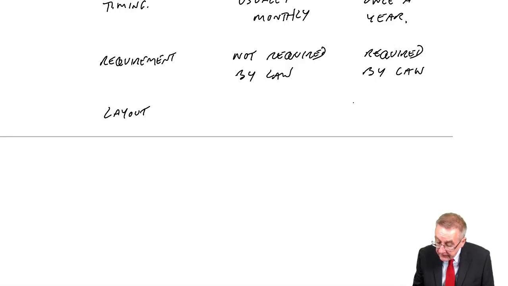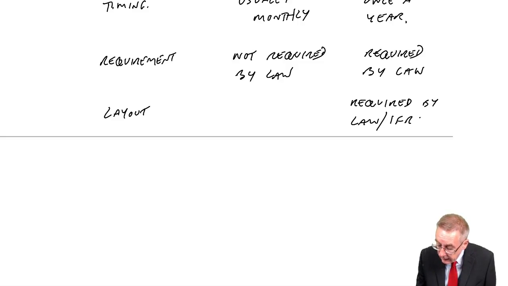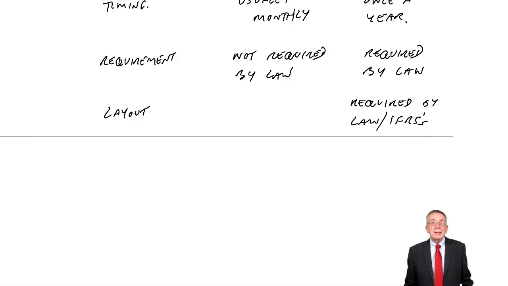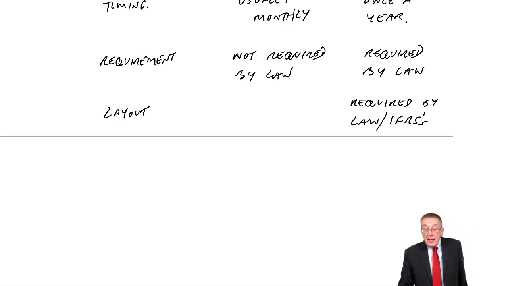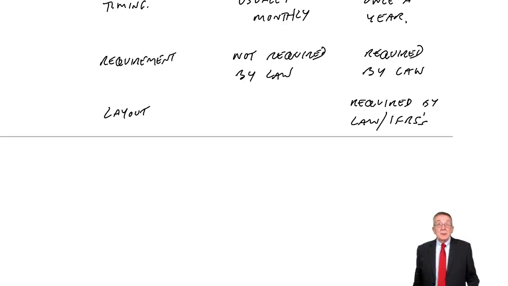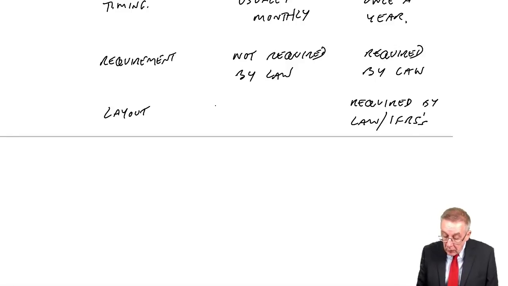Again, the layout is required by law, and I'll write IFRS is International Financial Reporting Standards, but I'll explain what they are again in a later chapter. With management accounts, there's no rules. It's whatever layout we find useful.